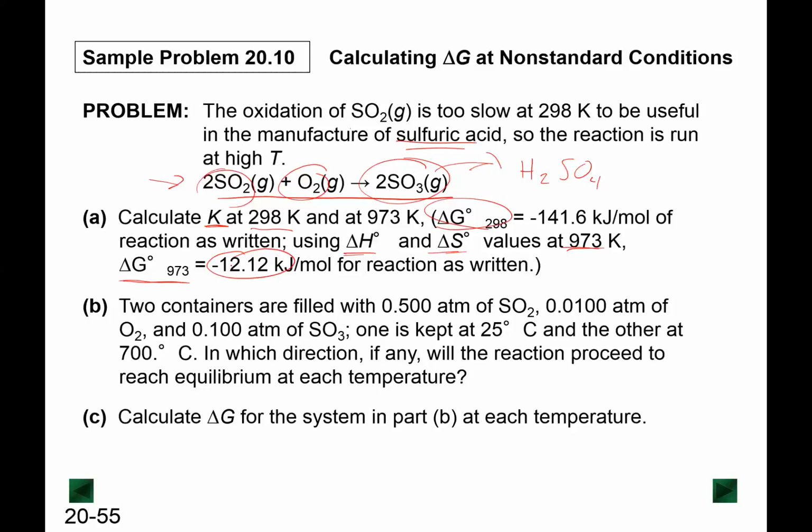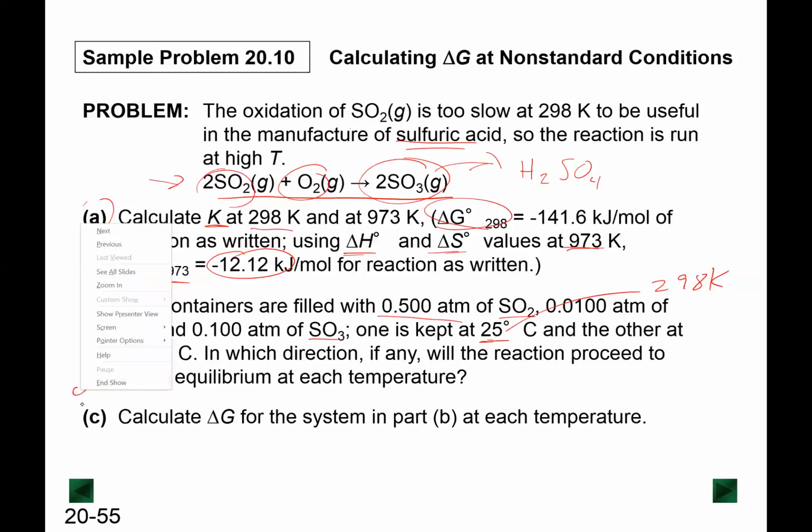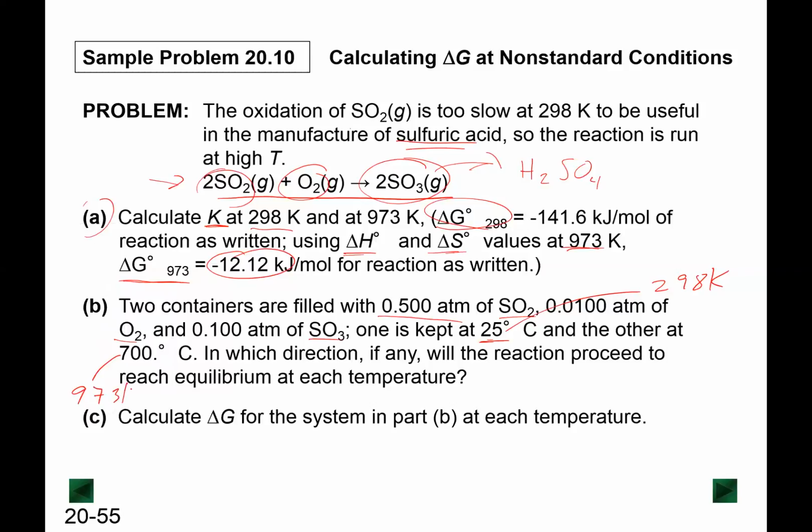Now, we'll start with A, and then we'll go to B, where we're given some pressures of the gas, basically of the sulfur dioxide, the oxygen, and the sulfur trioxide. There are two containers. One reaction is going to be run at 25 degrees, which is our 298 Kelvin, and the other will be at 700 Celsius, which is our 973 Kelvin.